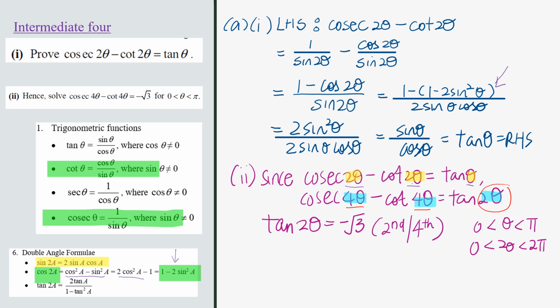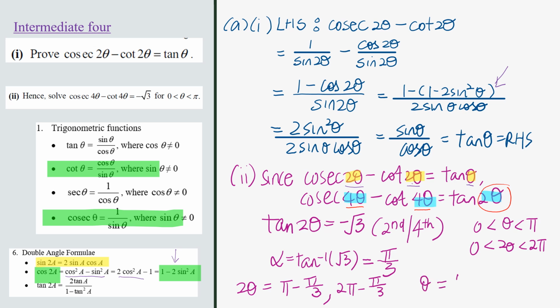As usual, let's find the reference angle, which is tangent inverse square root 3, which is pi over 3, because your answer has to be in radian mode. The second quadrant will be pi minus alpha, and the fourth quadrant will be 2 pi minus alpha. From there you can go on to find theta, which is 1/3 pi and 5/6 pi.